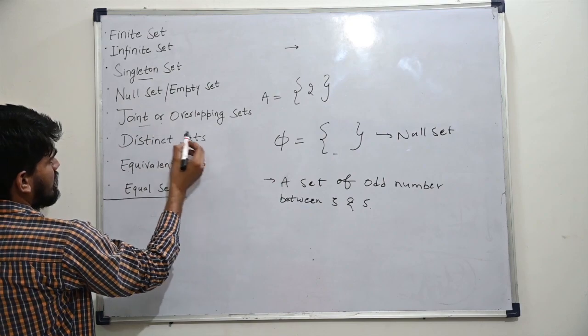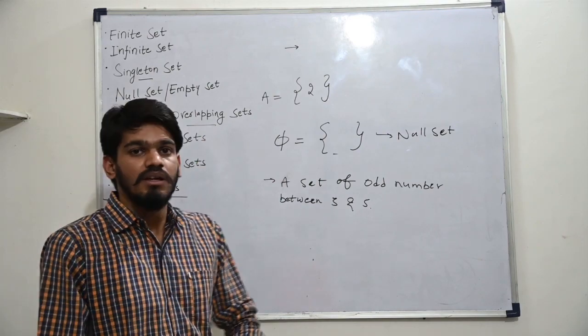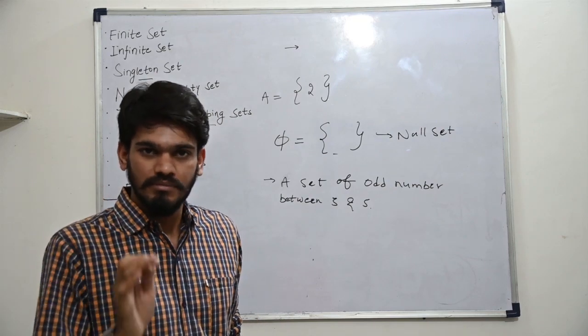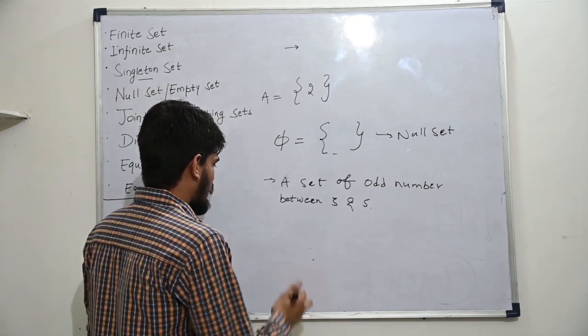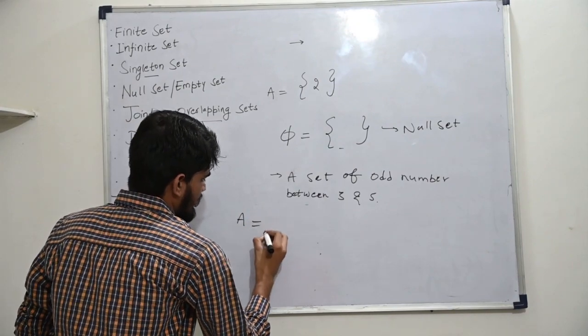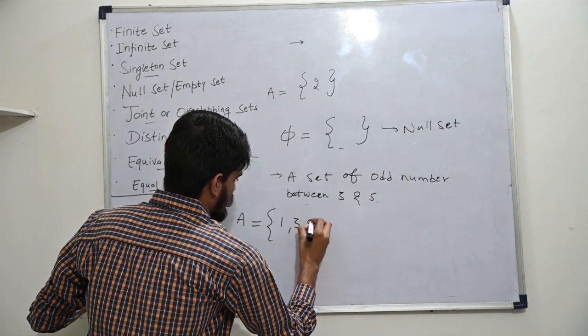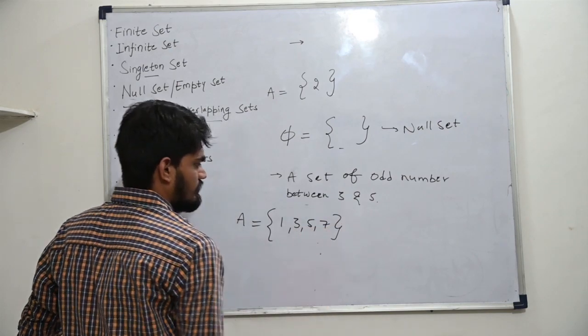Then we have joint or overlapping sets. Two sets which are having at least one element in common. Let's say set A has 1, 3, 5, 7.